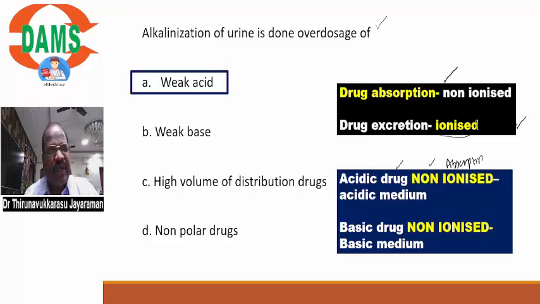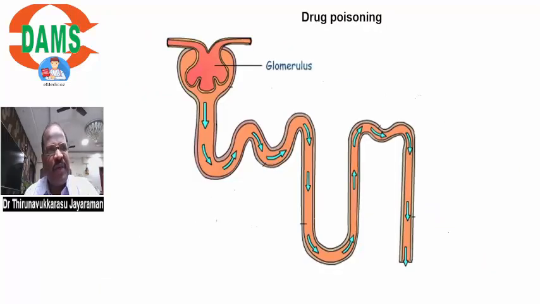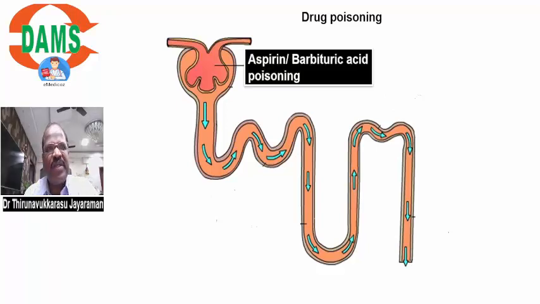Now, I will give an example. The same question we discussed in our regular class, and the same example was asked in the INICET paper. Imagine a patient admitted with aspirin poisoning, the so-called acetylsalicylic acid poisoning, or barbiturate poisoning, which is also acidic. These drugs normally undergo renal excretion.